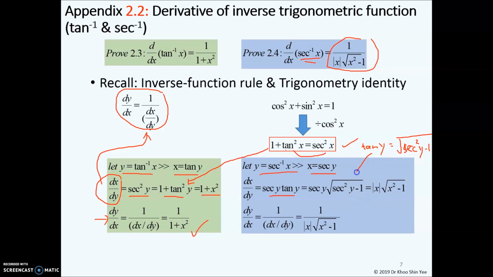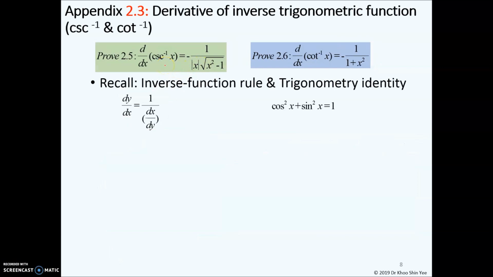So we substitute inside this formula, we get this term. So in this way, we can substitute the x inside it, we get x here. So secant square y, we get x squared here. And we have to substitute the dx over dy into this formula. So we have 1 over dx over dy. Therefore, we get the final answer to be this.